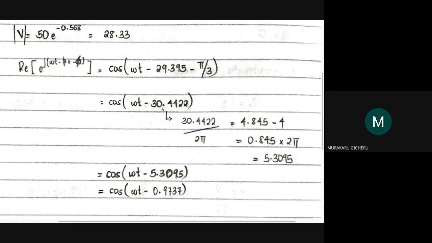Okay, so if I do the distance I have run divided by the length of a lap, you're going to get 5.5 in my example. But here, if you do 30.4422 divided by 2 pi, you're going to get 4.85. So I have 5 complete laps and 1 incomplete lap.